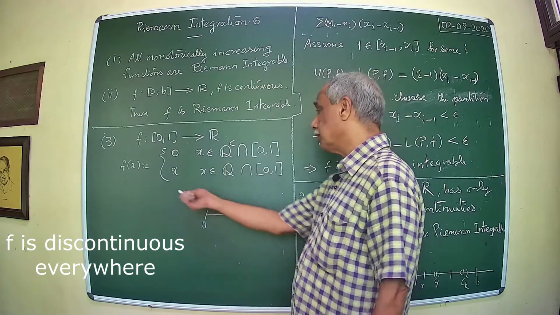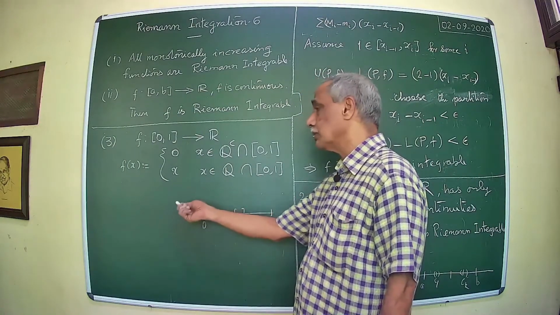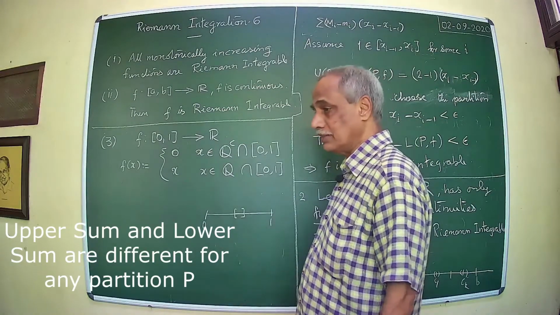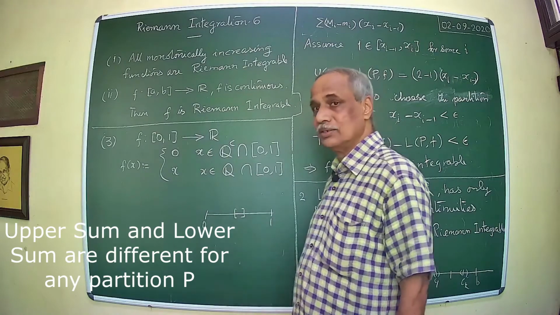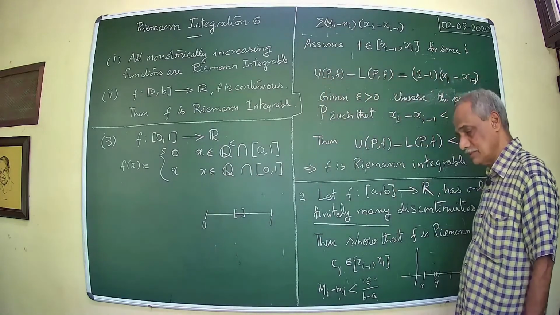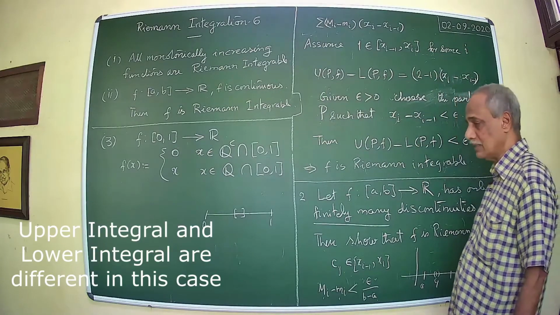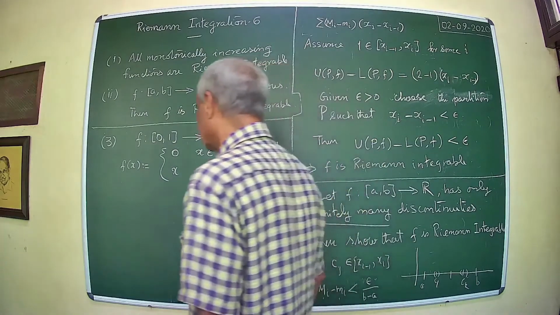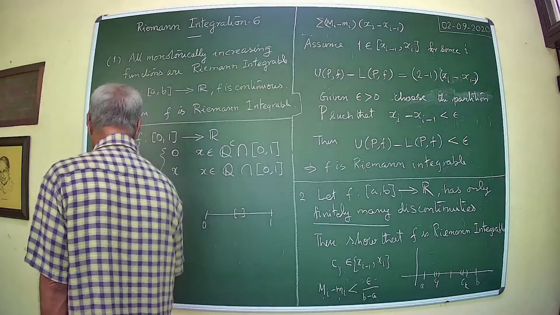Now you compute the upper sum and the lower sum. You will see that the two are different. And then you observe that the upper integral and the lower integral are different in this case. Therefore, f is not Riemann integrable.